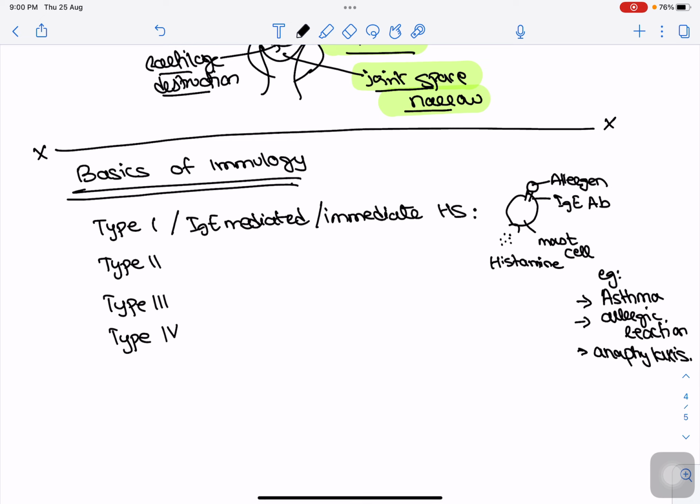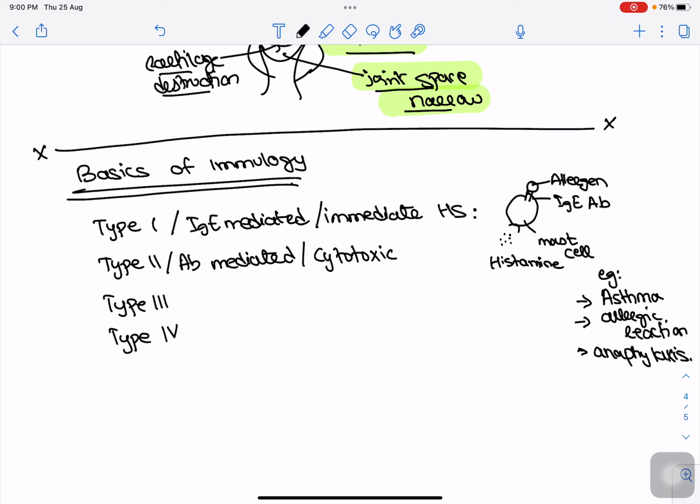Now let's read about the antibody mediated cytotoxic type 2 reaction, in which the IgG or IgM antibody deposits and binds to cell membrane or matrix associated antigen, leading to lysis of the target cell.